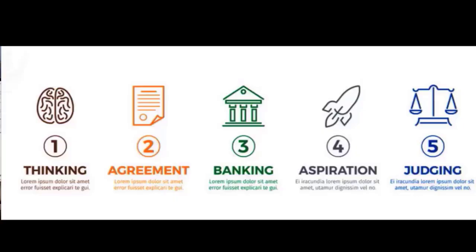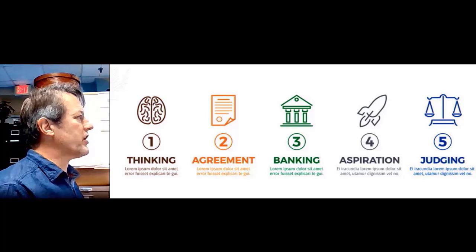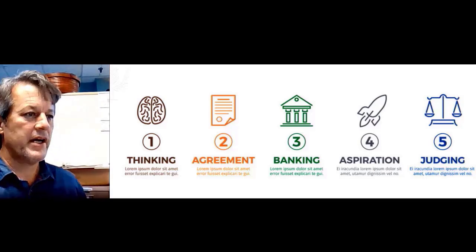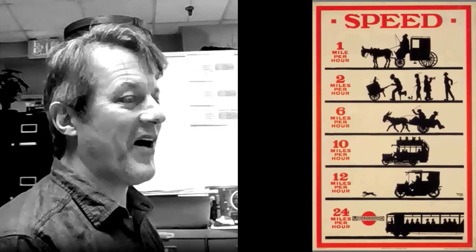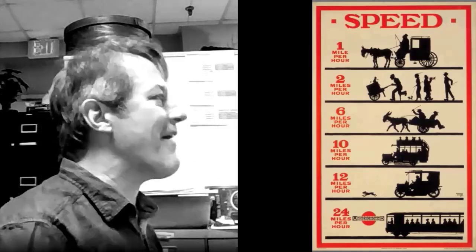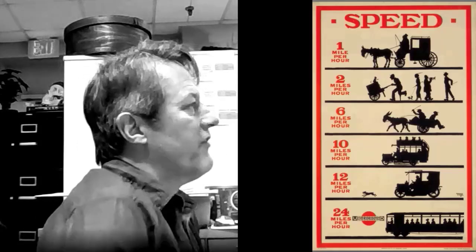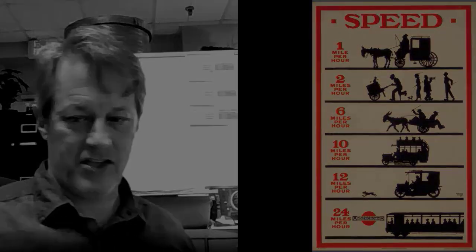These simple ideas, banking for example, or judging, you and I would agree, become even more powerful when you look at the word thinking and see a little icon of a brain, or aspiration, seeing the rocket ship. Or 10 miles per hour, and the artist literally just puts things that move that fast next to it, taking information of numbers and making it even more powerful by putting this infographic next to it.